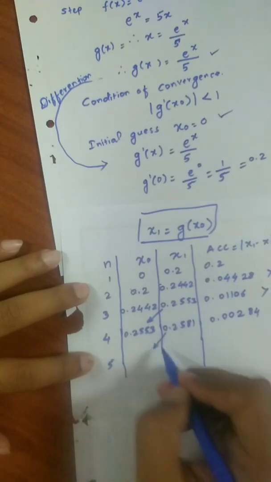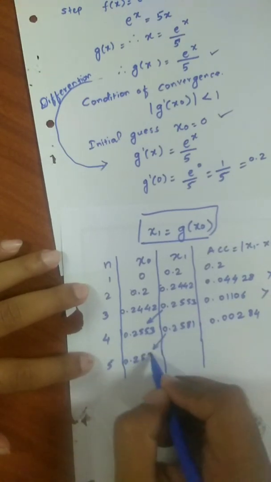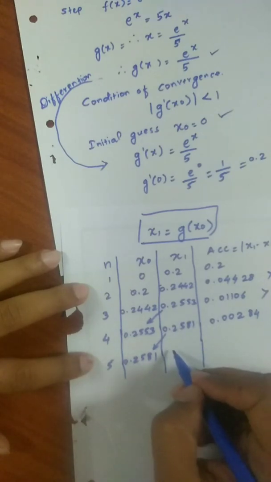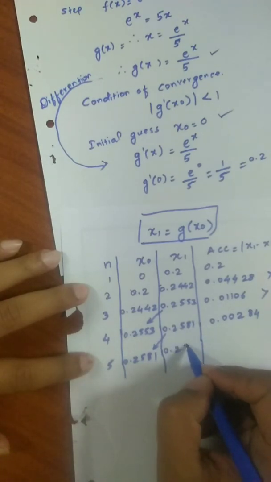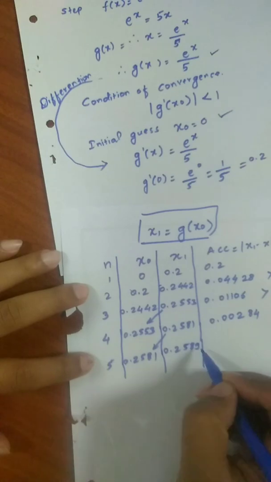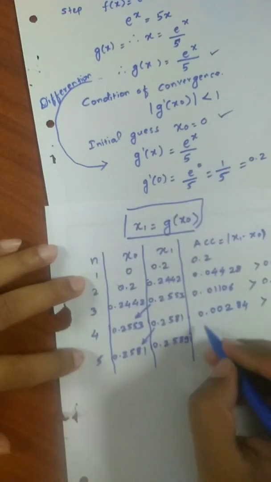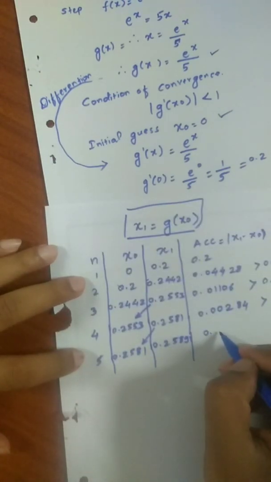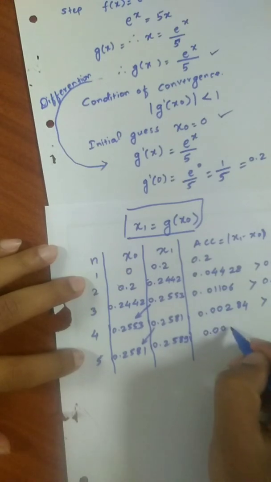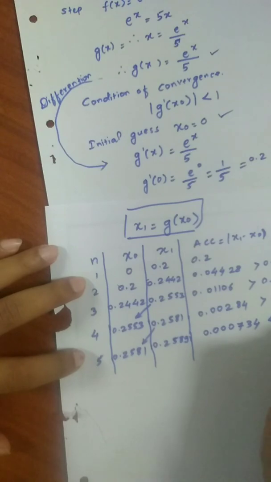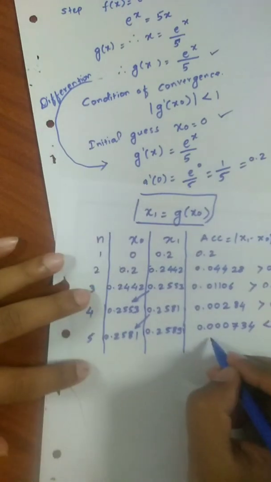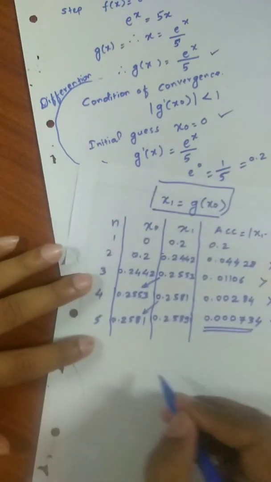So again we replace x0 with 0.2581, and further x1 is 0.25891, and your accuracy, the error, is 0.000734, which is less than the given accuracy. So here we have reached the satisfied accuracy.